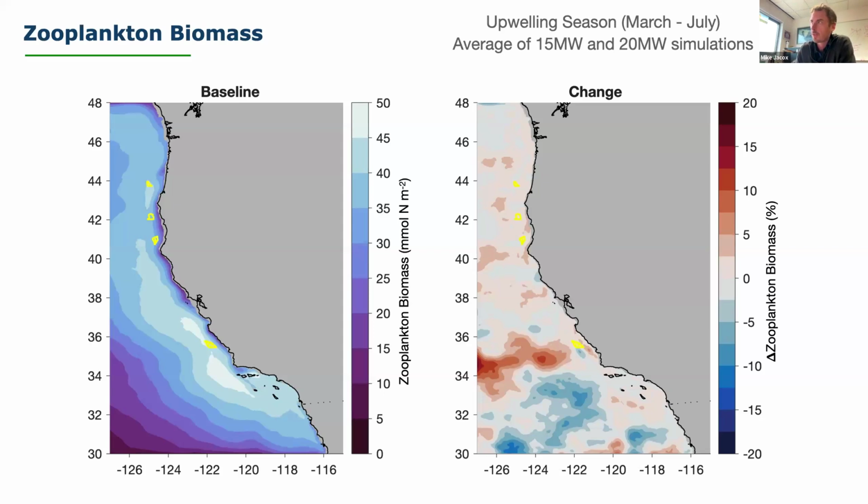So in areas where we're seeing more phytoplankton, we're also seeing a shift to larger phytoplankton and larger zooplankton. And same in the areas with decreased productivity, we're seeing a smaller community of phytoplankton and zooplankton.